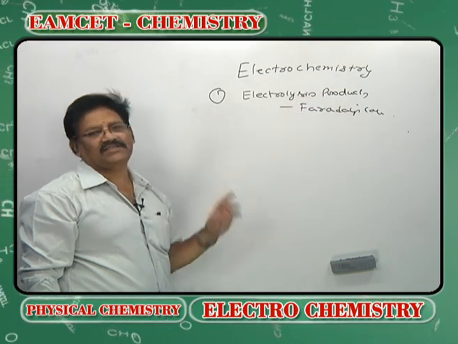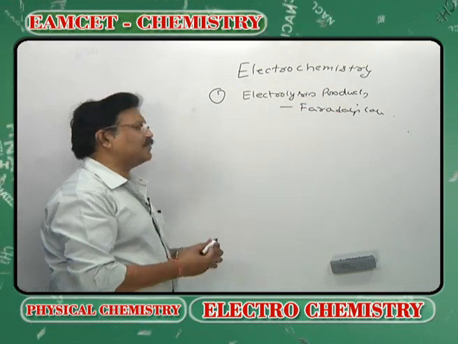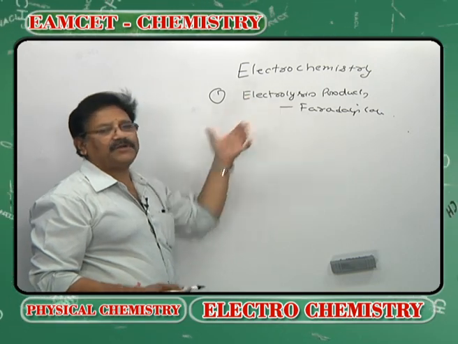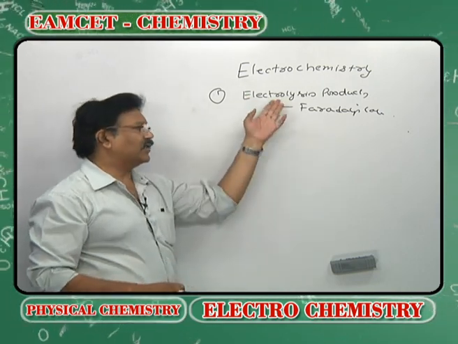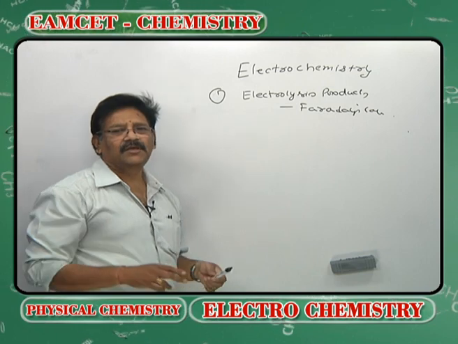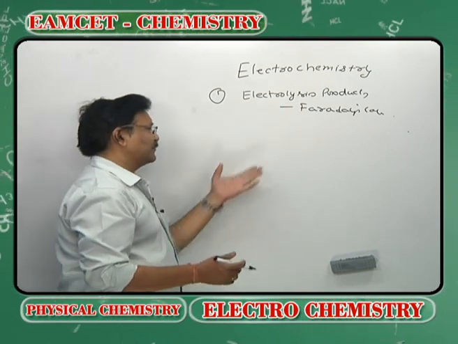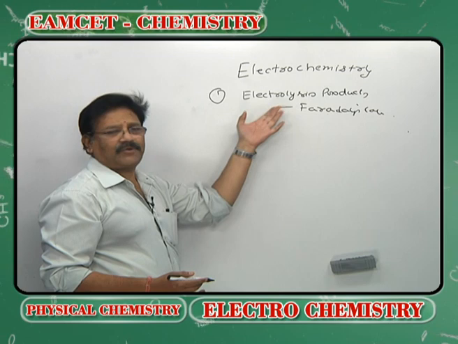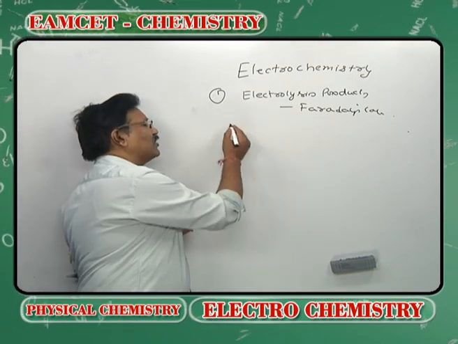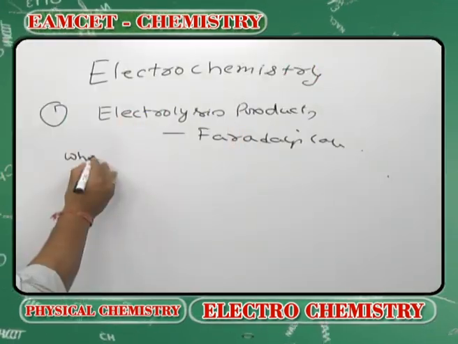That is highly essential. What are the important points to be remembered regarding the electrolysis products? We get products when more than one ion reaches the electrode.